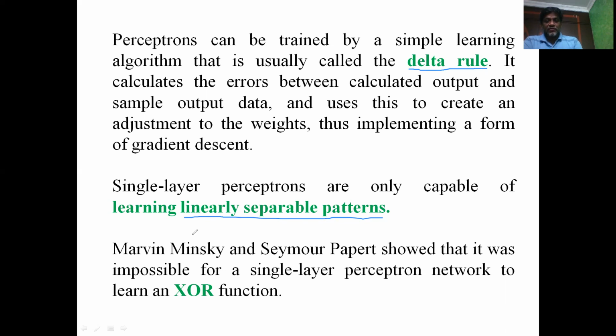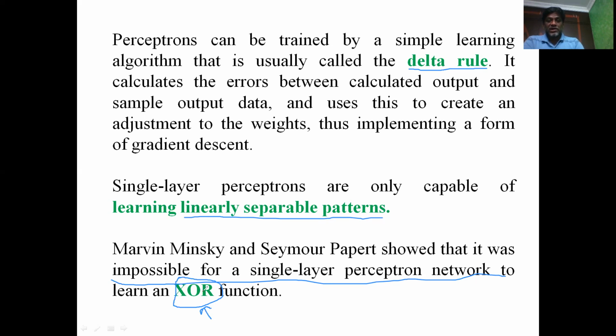When you get input patterns which are not linearly separable, it is impossible to design a single layer perceptron network for them. An example of linearly inseparable input data is XOR, where we cannot separate the input patterns with a straight line.